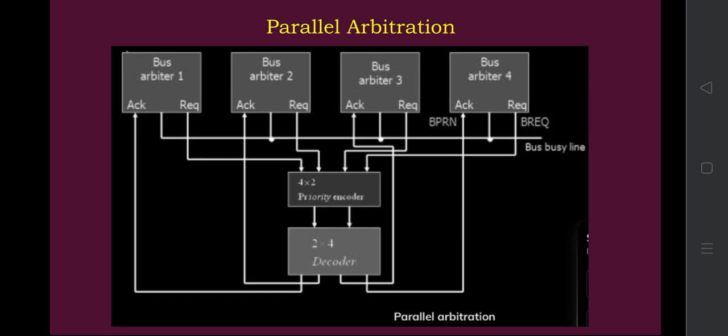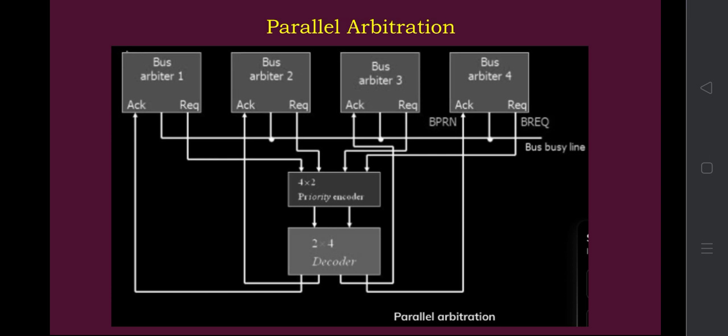It connects all the requests. The common bus busy line is here, and from the bus busy line and also from the request, the priority controller gets its input. You can see the direction: from the request as well as the control from the common busy line.